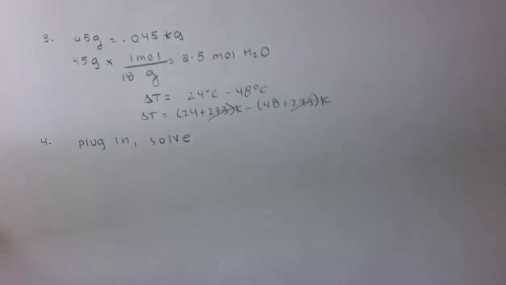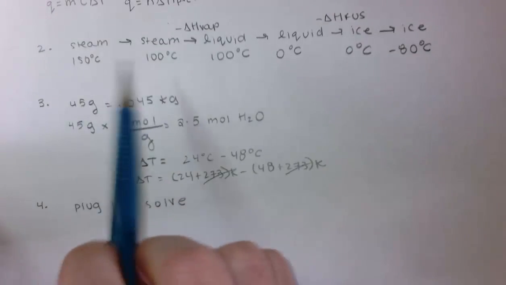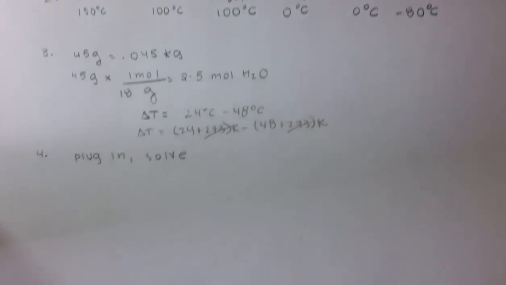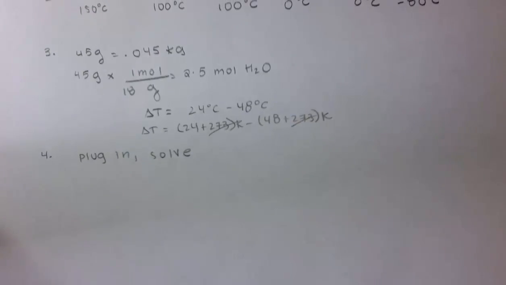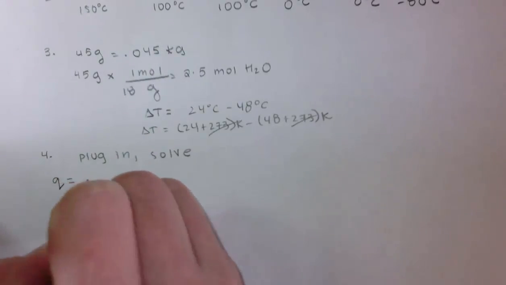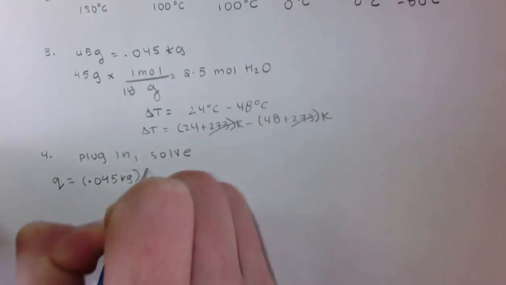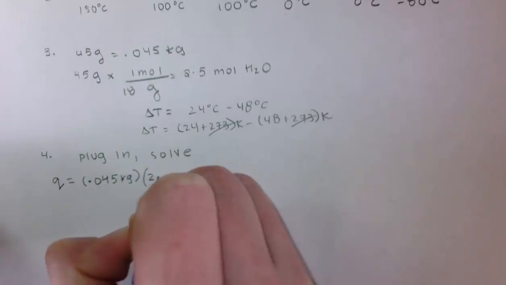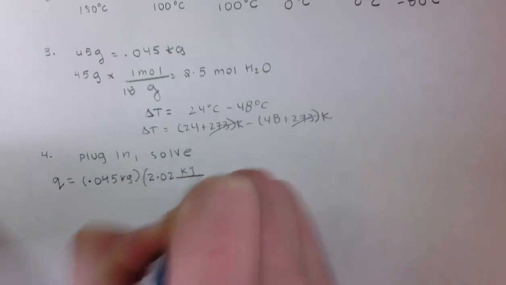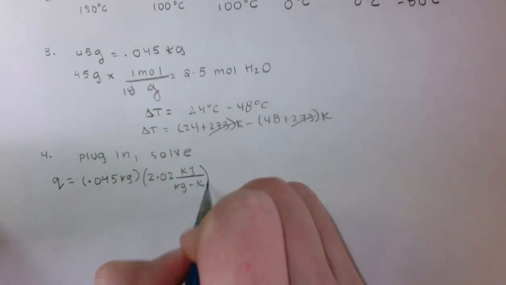And so the first thing we have is steam going from 150 degrees Celsius to 100 degrees Celsius. So this is an example of sensible heat. So we start with Q equals our mass, which is 0.45 kilograms, times our 2.02 kilojoules per kilogram Kelvin, which is the specific heat for steam that we were given in the problem statement.